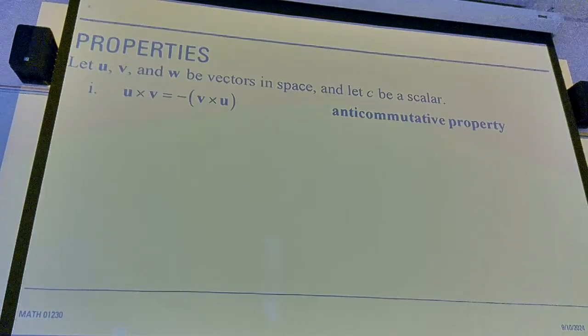So what property of determinants did I use? If you flip two rows of a matrix, the determinant gets multiplied by -1.